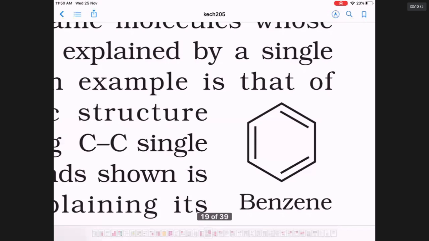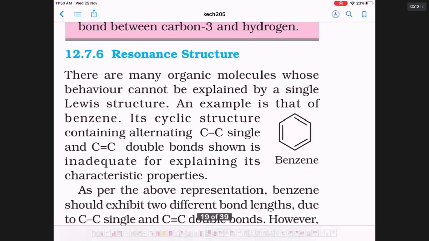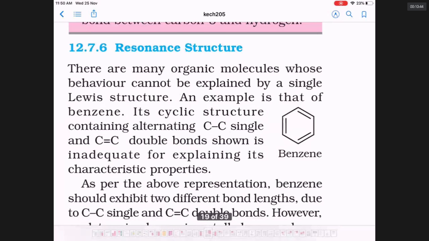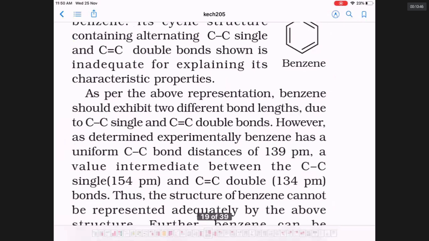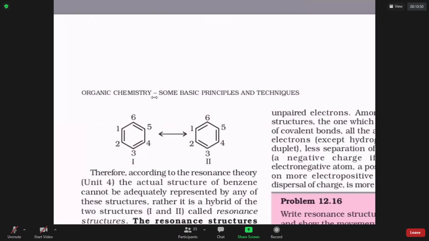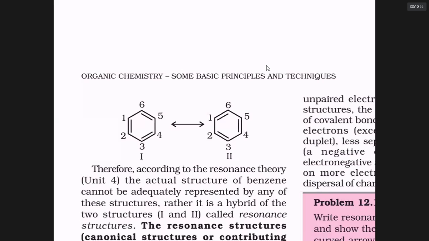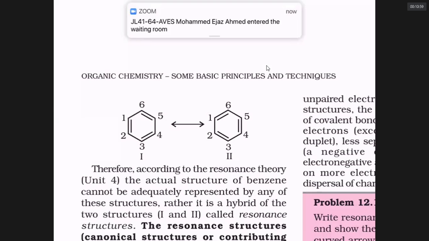In order to explain this fact, we understand that in benzene there is neither a single bond nor a double bond. It is in between. In fact, the benzene structure is represented as a hybrid of these. In the first structure there is a double bond between carbons 1 and 2, whereas in the second structure there is a single bond between 1 and 2.